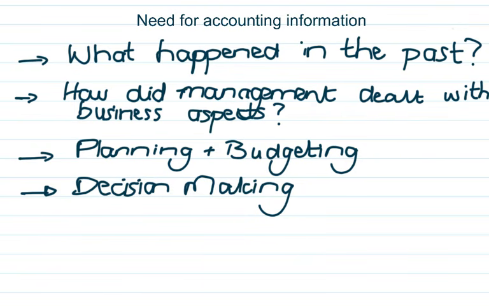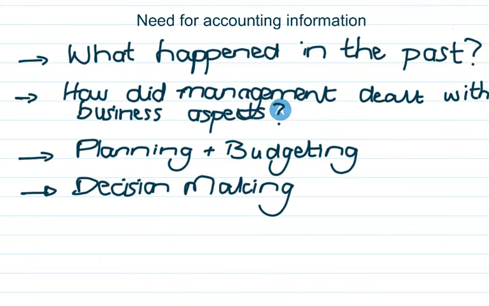Then we need accounting information to plan and to budget. And this is now where cost accounting or management accounting come in. And then when you plan and budget, you are making decisions. So basically decision making. So what happened in the past is mainly your financial accounting. How did management respond to that?